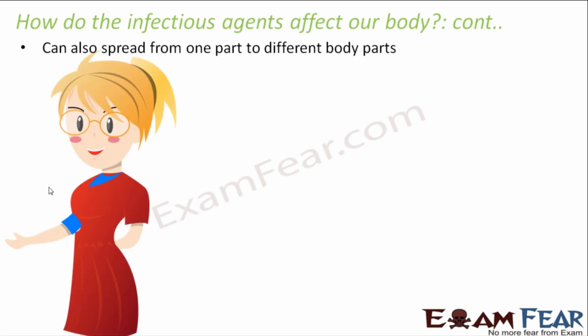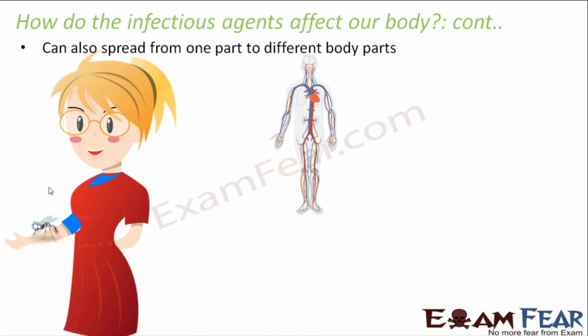Let us suppose this lady is bitten by a mosquito. So which is the point of entry? The point of entry is her skin, right? Because the mosquito is sitting on her skin and is biting her and is also injecting the microbe inside her body. Then it is seen that these microbes can go to the liver and then spread to all the red blood cells of the body.